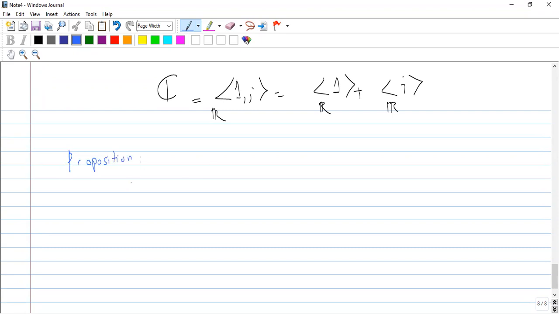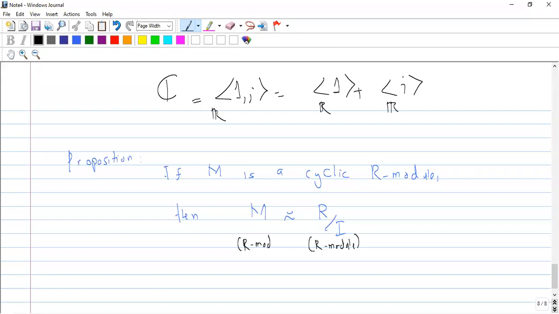That whenever you have a cyclic module, so let's say if M is a cyclic R module, then M is isomorphic to R over I. And here we are assuming that R over I is also an R module, and I will show you why R over I is an R module, and they are R module isomorphic.